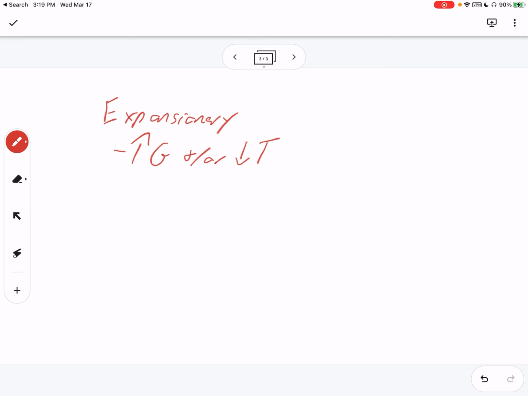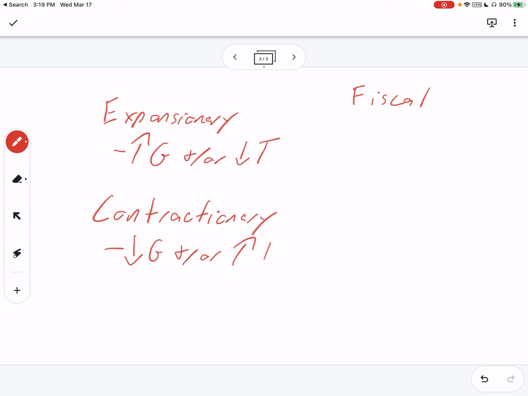And then if the economy is doing too well, if aggregate demand has shifted to the right and we're getting inflation, we can do contractionary fiscal policy. That word is fiscal, by the way, not physical. Contractionary fiscal policy is the opposite. We will lower government spending and or raise taxes.